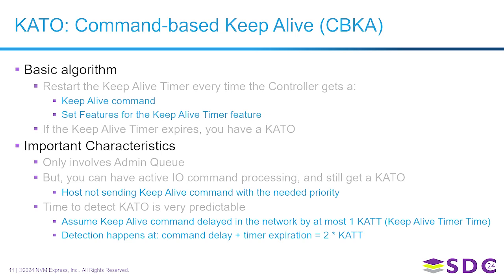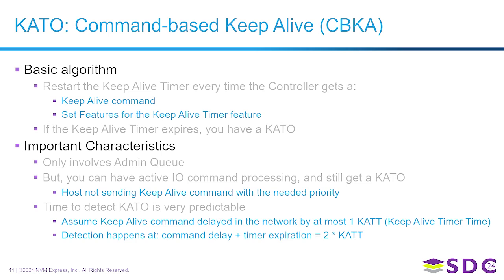It only uses the admin queue, which is good for isolation. You're only ever talking to one queue. But that does mean that you can have a pretty healthy series of I/O commands going on between the devices. And we have seen some implementations out there that don't give appropriate priority to the keep alive command.